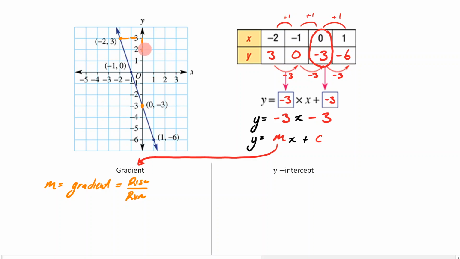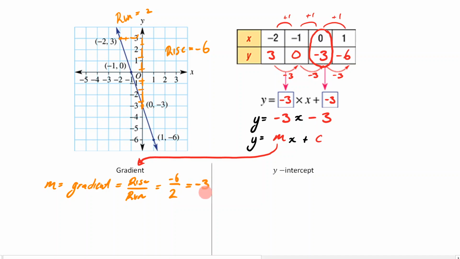What is my rise? What is my run? My run is 1, 2, 2. My rise, now what is my rise here? I'm going down 1, 2, 3, 4, 5, 6. My rise is -6. So my rise is -6. My run is 2, which means -6 divided by 2 is -3.